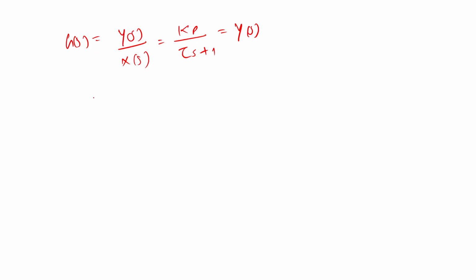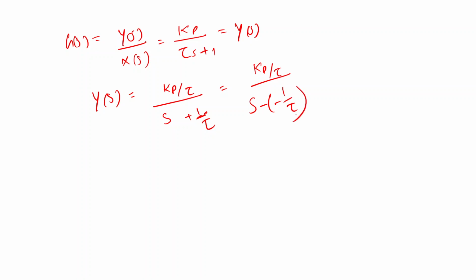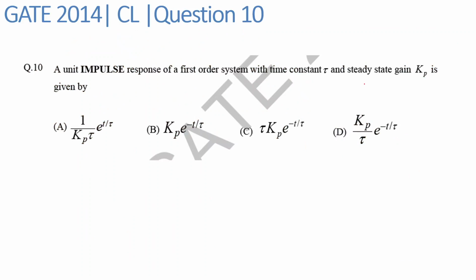We can now write Y of s is equal to Kp upon tau times 1 upon s plus 1 upon tau, or in other words, Kp upon tau times 1 upon s minus of minus 1 upon tau.